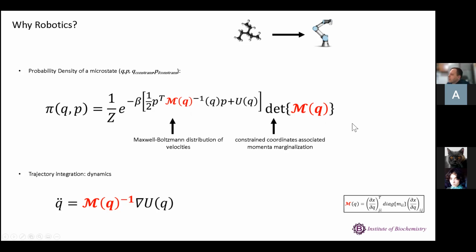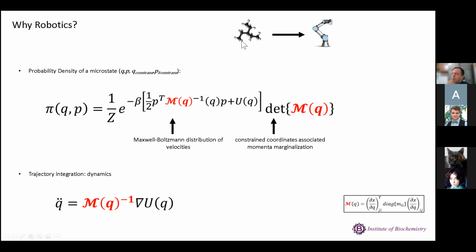This determinant, which is also called the Fixman term, is also computed based on the mass matrix, and it is just as hard as the inversion of this matrix. But that's solved already in robotics, so we borrowed from there too. We just had to adapt some of our libraries, and that was all.